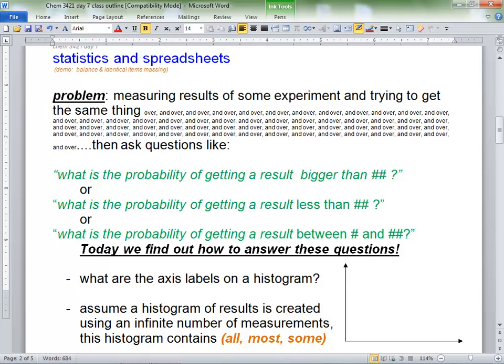So what's the probability that you're going to make a bad bottle? What's the probability that the pencil's messed up, or there's a difference? What's the probability of getting a result less than or bigger than? Or what is the probability of getting a result between two possibilities, right?